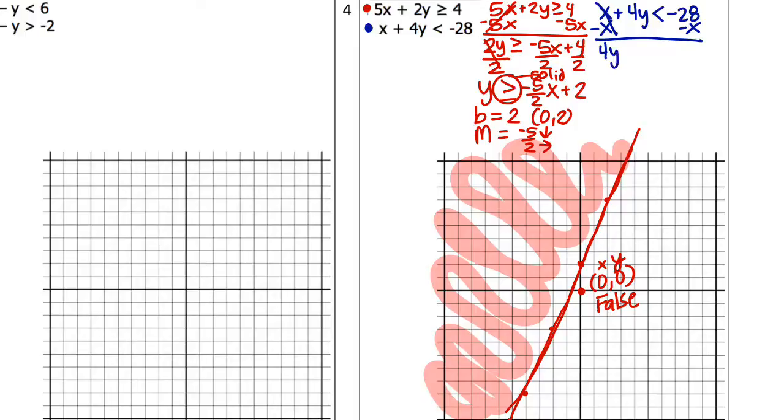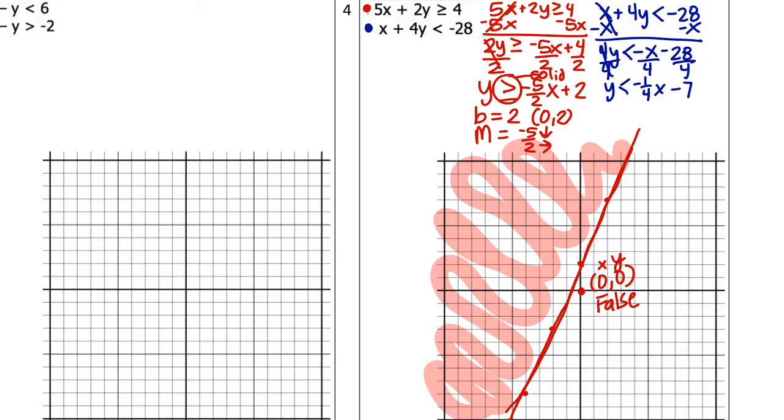I get 4y is less than negative x minus 28. y is being multiplied by 4. I undo multiplication by 4 by division by 4. And I'm left with y is less than negative 1/4 x, because if there's no number in front of that x, we know there's a 1 there, minus 7, because 28 divided by 4 is 7.